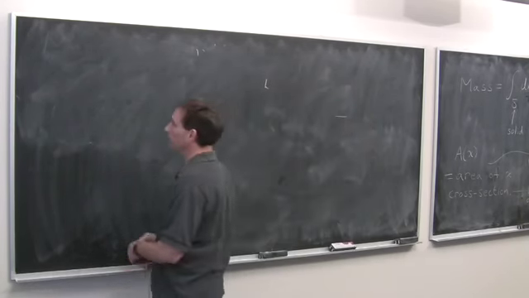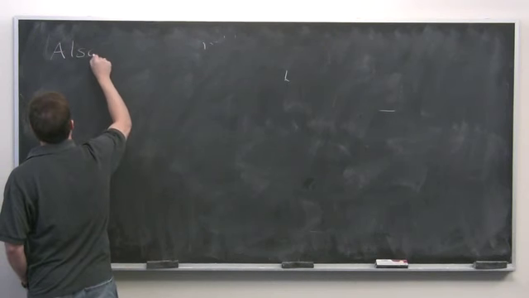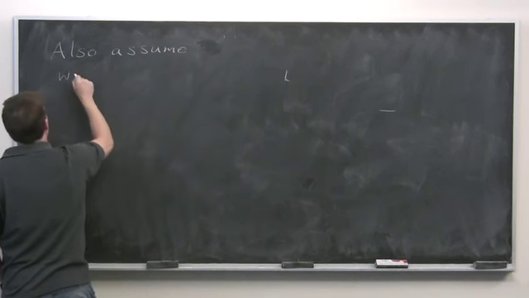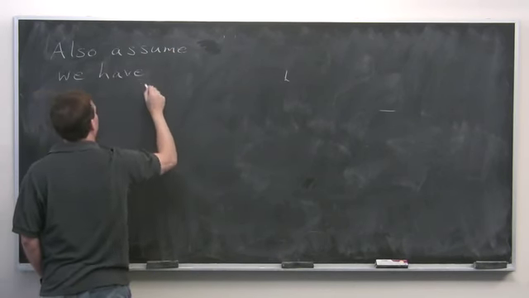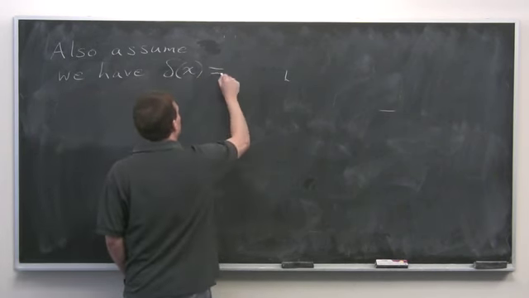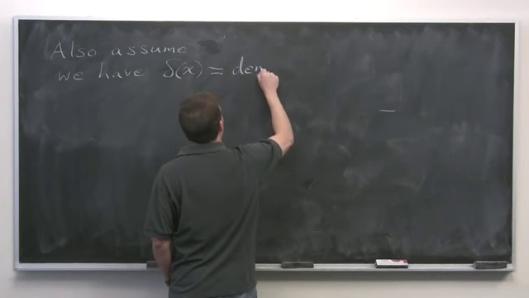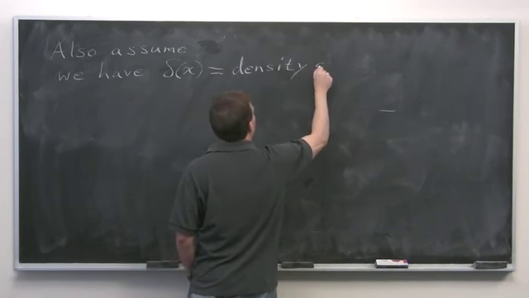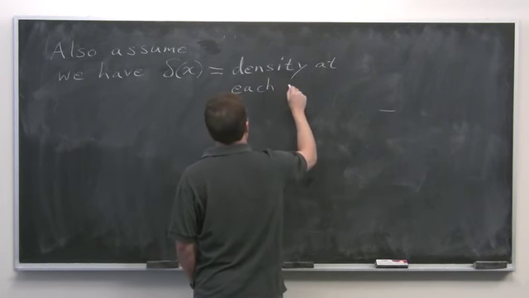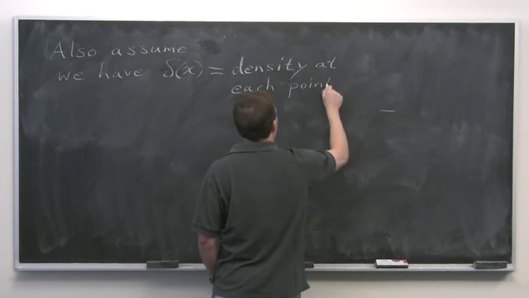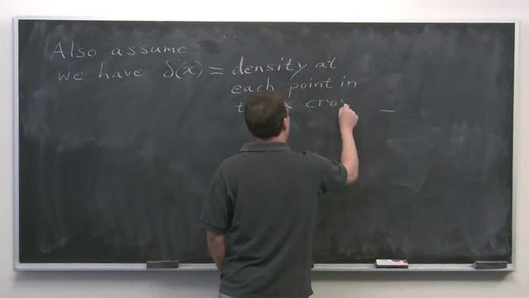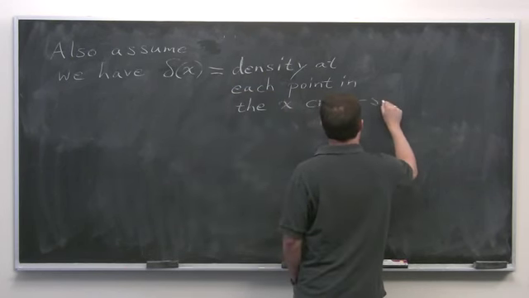So we also assume we have a continuous function, delta of x, which equals the density at each point in our solid in the x cross-section.